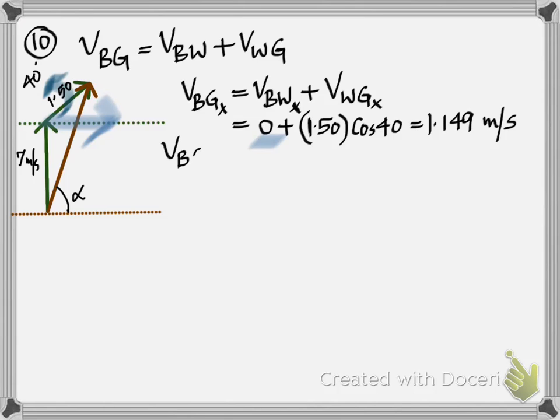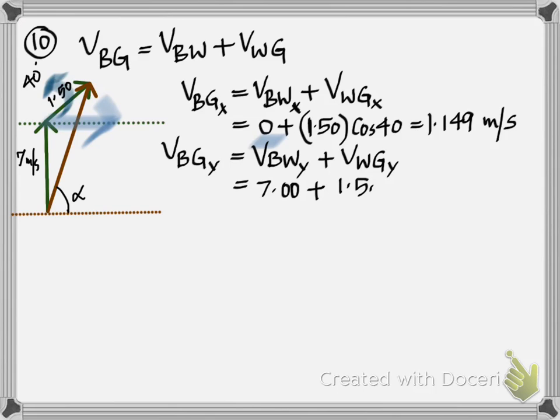You can do the same thing with the y component. Just change the subscript to y. Now it's 7, because it was completely along the y, plus 1.5 sine 40, which gives 7.964 meters per second.